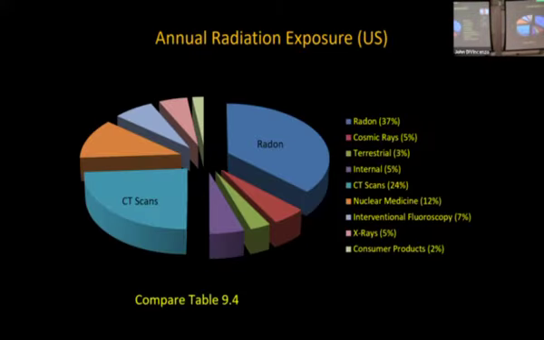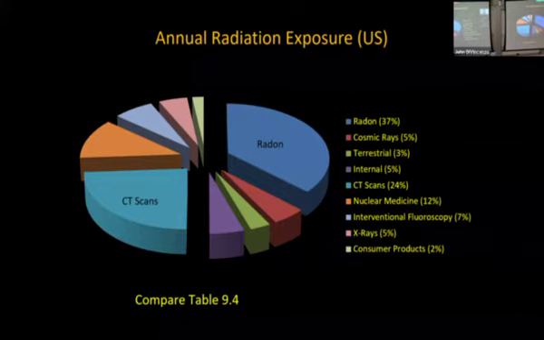All right, so this is annual radiation exposure in the US. You can compare this to table 9.4 in your book. The things match up pretty well. I created this pie chart. That's on page 217, and it's got early 1980s and 2006. I don't remember what my date is from. If I had a year and notes, I forget.